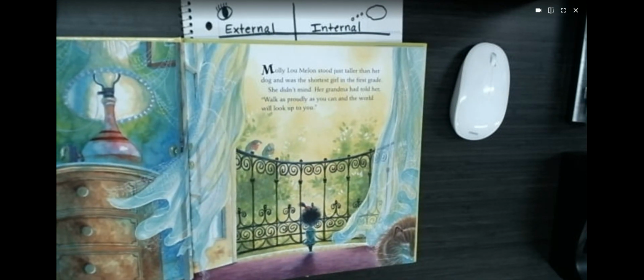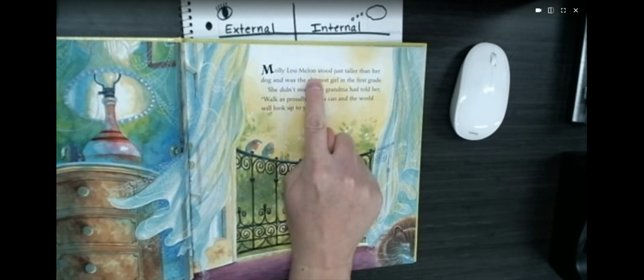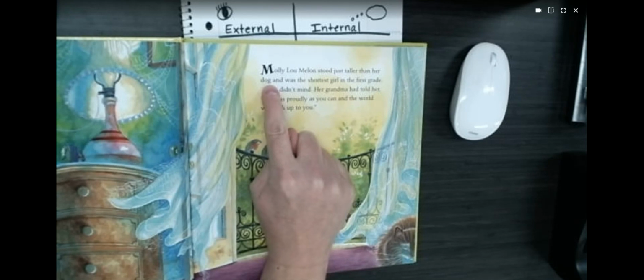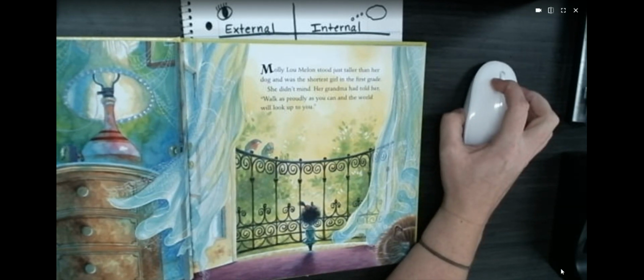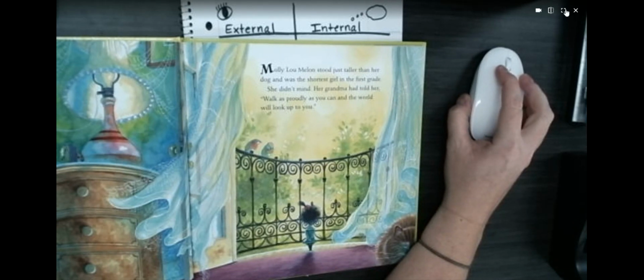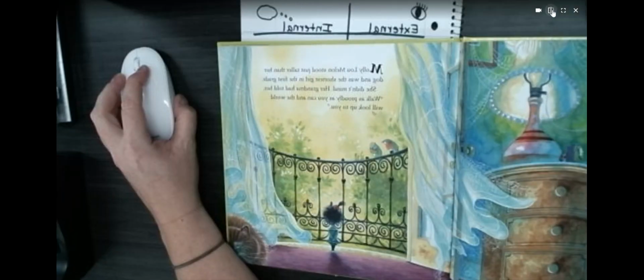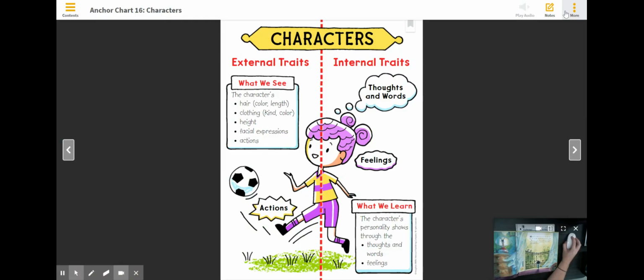On this first page, it says Molly Lou Melon stood just taller than her dog. Now, I don't know about you, but dogs are pretty small.